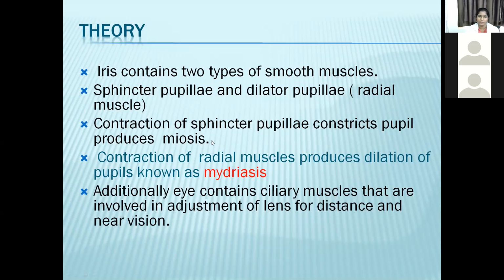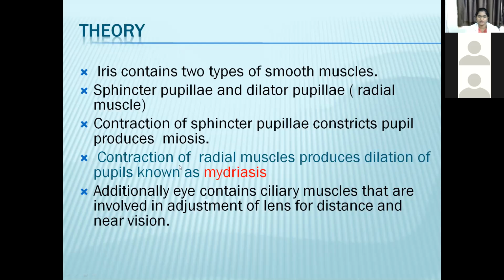It is called meiosis. Then contraction of the radial muscle or dilator pupillae produces dilatation of the pupil size. So it is called mydriasis. Which drugs cause it?